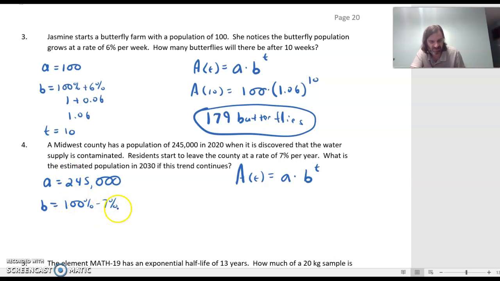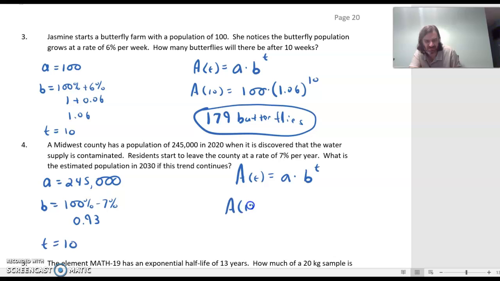When we subtract that, we'll have 93%, which we can change to a decimal and use 0.93. And it says, what will the population be in 2030? That is 10 years from now, so t will be 10 again.